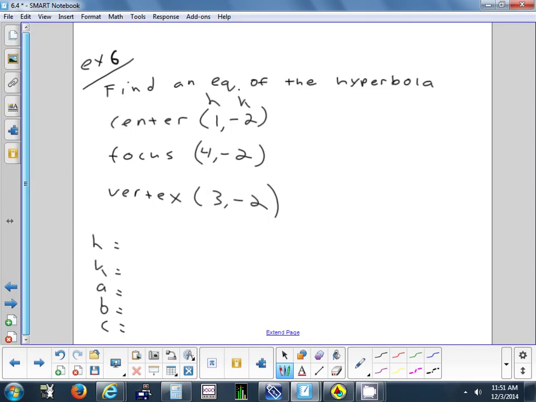So we already have h and k. What's h? h is 1. k? -2. h is the x value of the center. k is the y value.